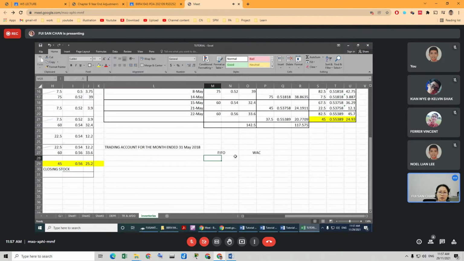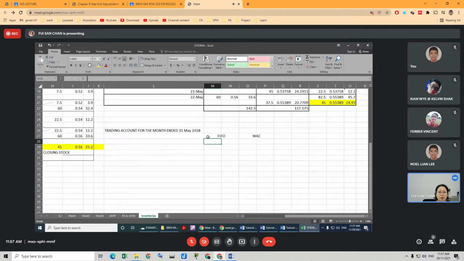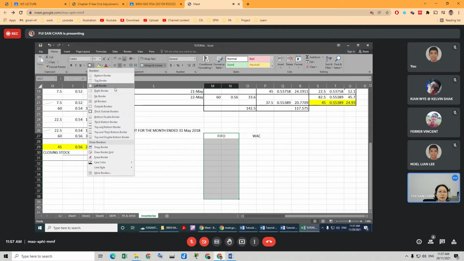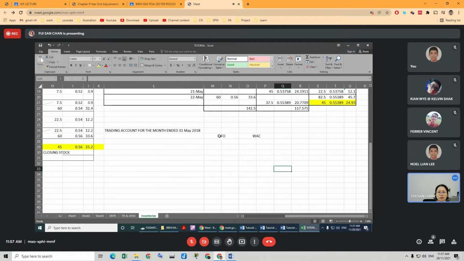Right, like this. So I have two methods. So I can put a line in between. Oh yeah, what happened? I always cannot draw. I have to go very slow. Okay, so I draw the table nicely like this.